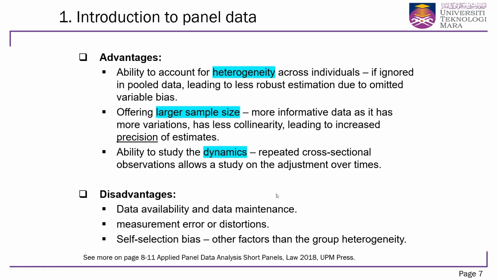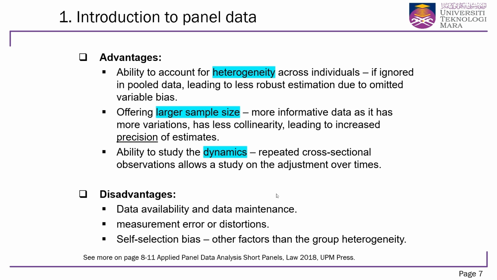The other disadvantage is measurement error or distortions, because of the issue of a clear measurement definition that may not be applicable to all countries. Therefore, when we gather data for all countries or firms, some might present data that is not really reflecting the actual measurement that should be done. So these differences in measurement could lead to what we call distortions or measurement error.